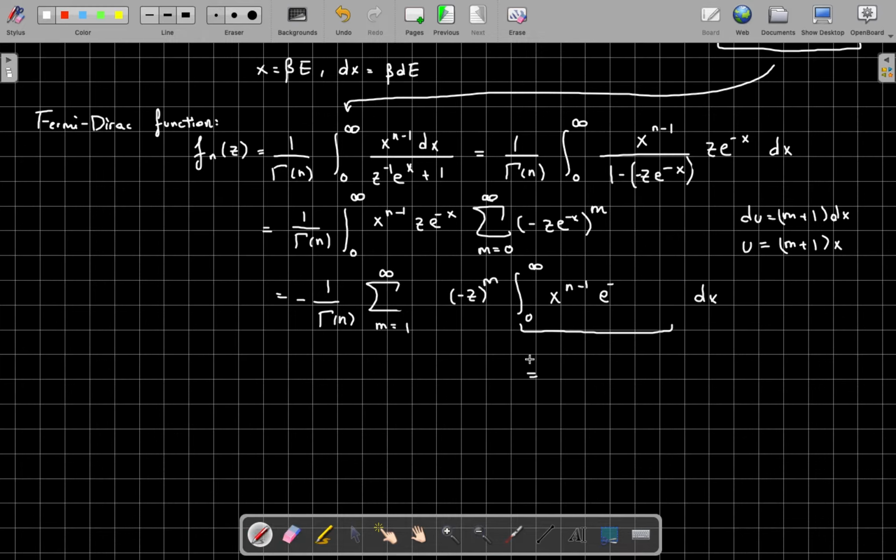So this is e to the minus mx, and now this integral is equal to, so this is m without the plus 1.